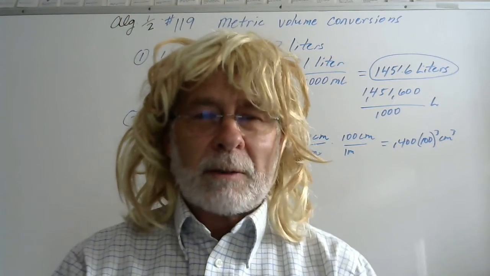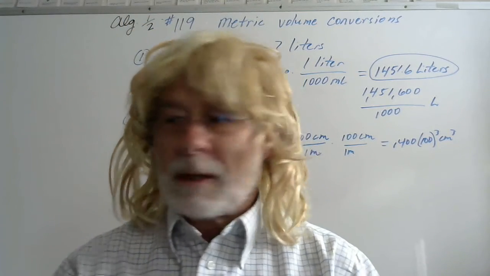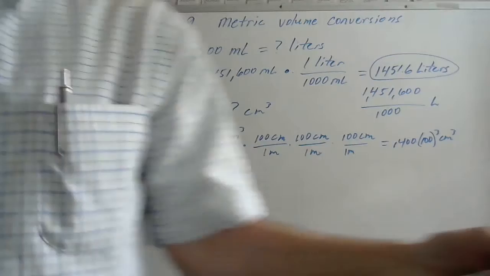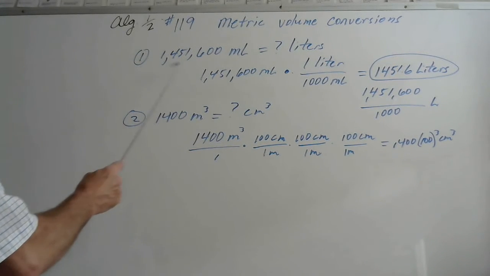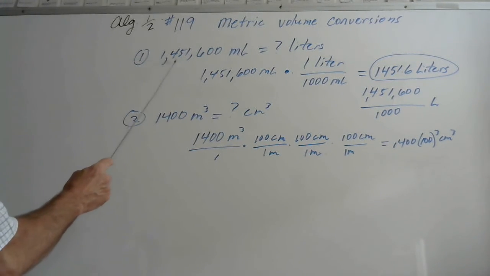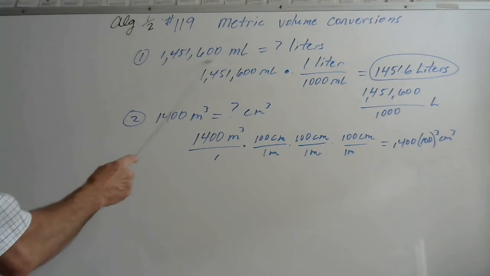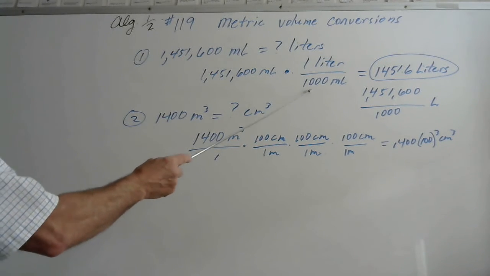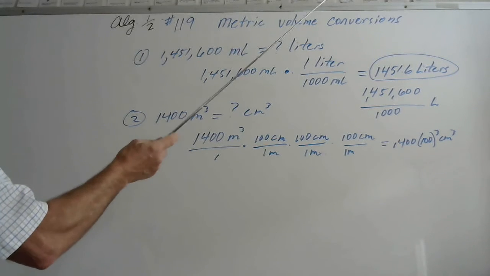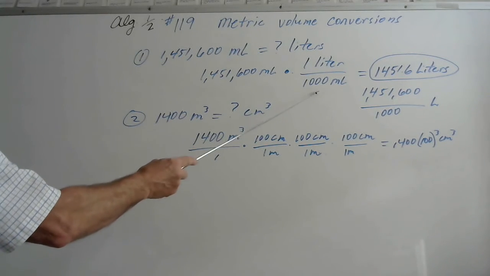Okay, so we're doing lesson 119, metric volume conversion. On this, they have a problem with 1,451,600 milliliters. Well, 1 liter equals 1,000 milliliters.